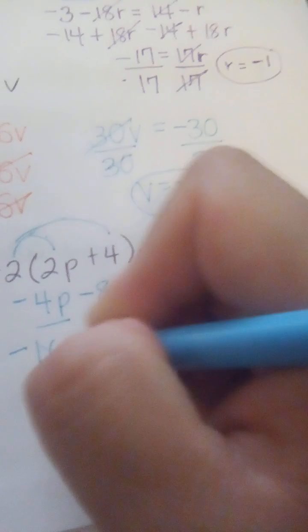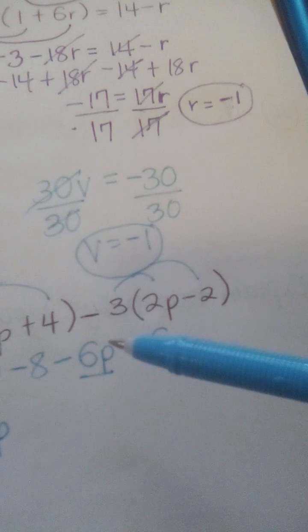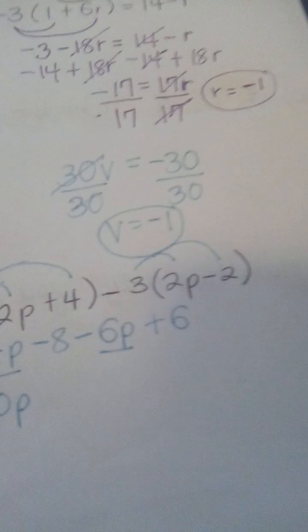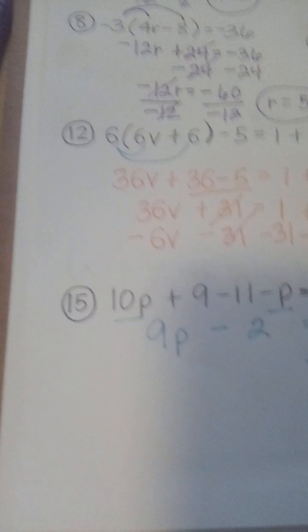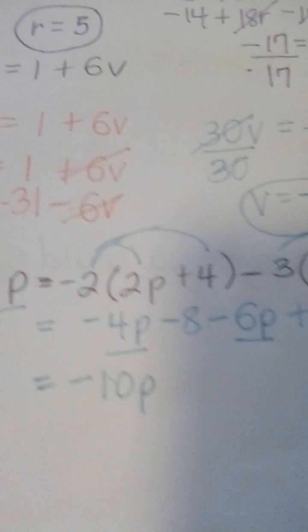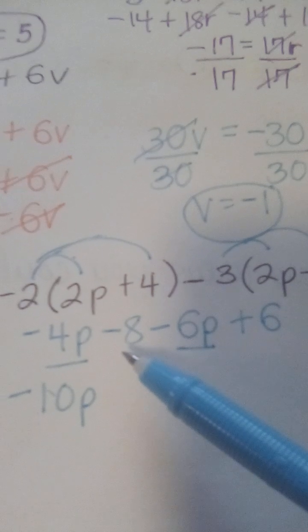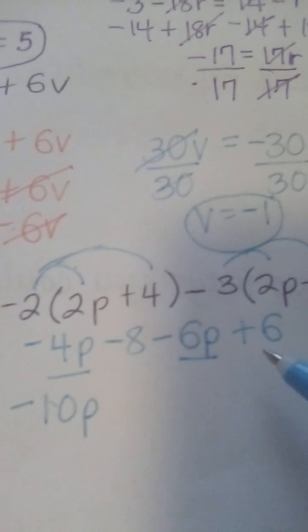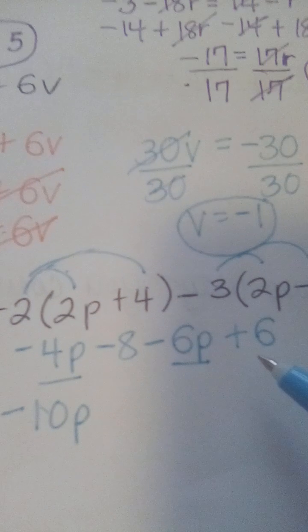That gives us, I believe, a negative 10p. Yes, I was right. Now we have a negative 8 plus 6. That gives us, I believe, a negative 2.